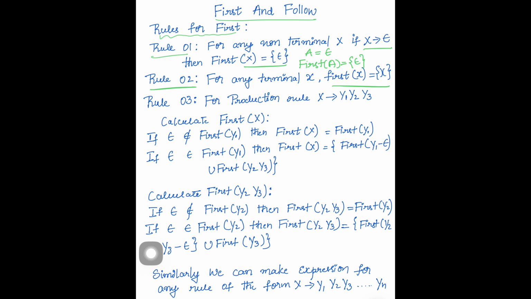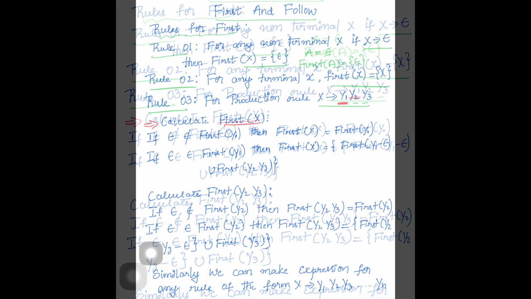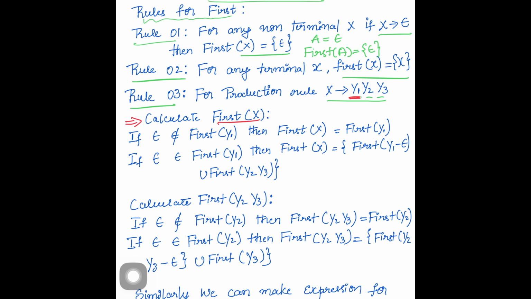Let us see rule number 3. For a production rule X produces Y1, Y2, Y3, we always start with the leftmost symbol, that is Y1. Let us see the calculation of first of X. Case 1: if Y1 cannot produce epsilon, then Y1 is always the first symbol.